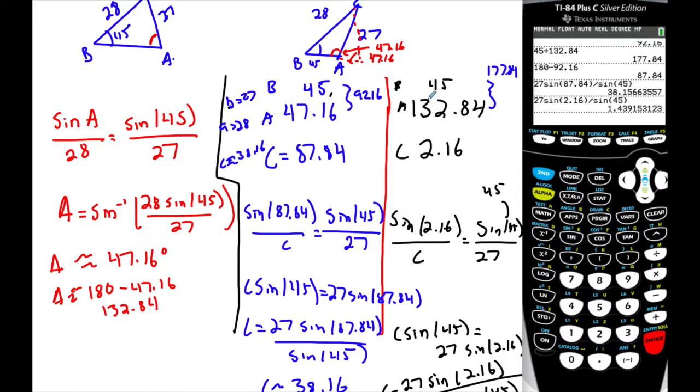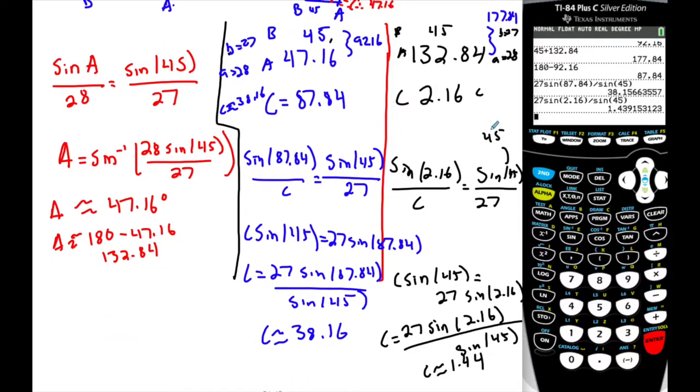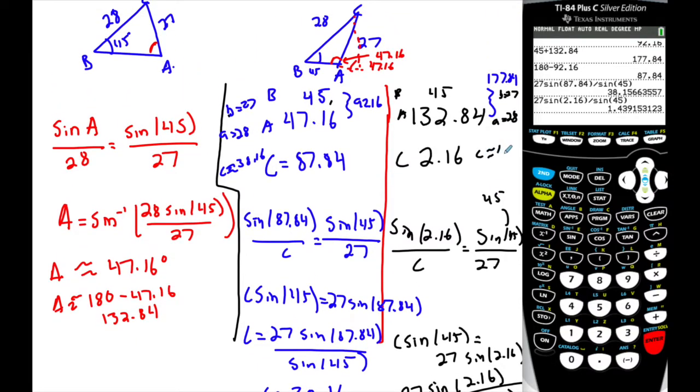Or I have big B is 45, big A is 132.84, big C is 2.16, and then little b is 27, little a is 28, and little c is about 1.44. Okay? And those are our two triangles.